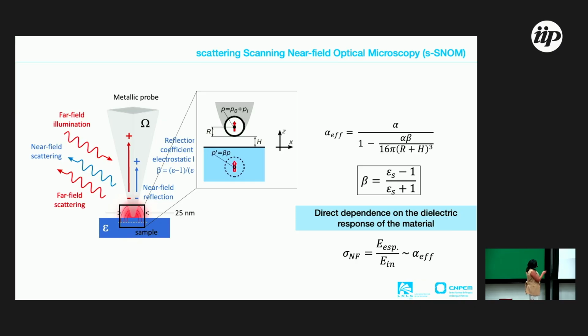So the scattered light from this small portion of the sample is proportional to the polarizability of the sample, and this polarizability is proportional to the electrical response of the material. In summary, what we measure is the s-SNOM signal, and the s-SNOM signal is proportional to the effective polarizability that happens beneath the tip.